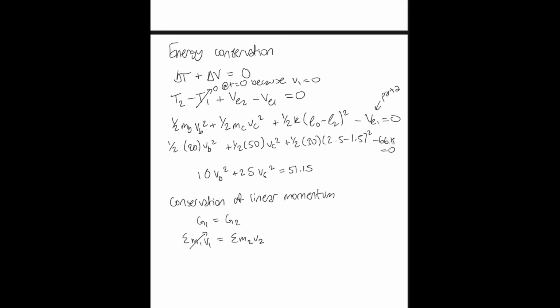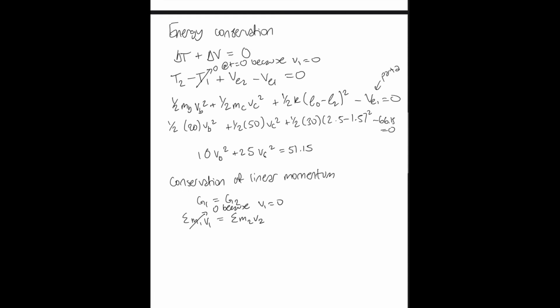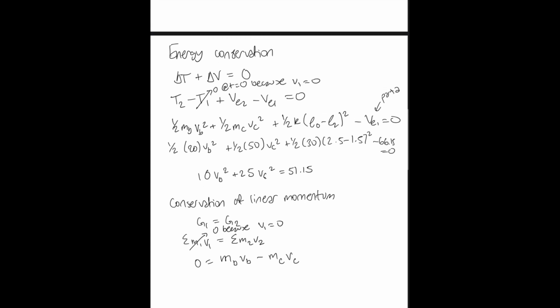However, this is going to go to 0 because V1 is 0. So here we've got MB VB minus MC VC because they're in opposite directions.